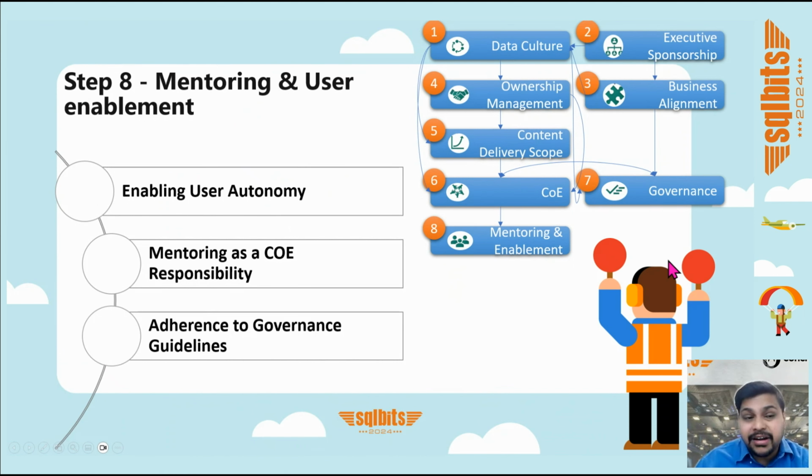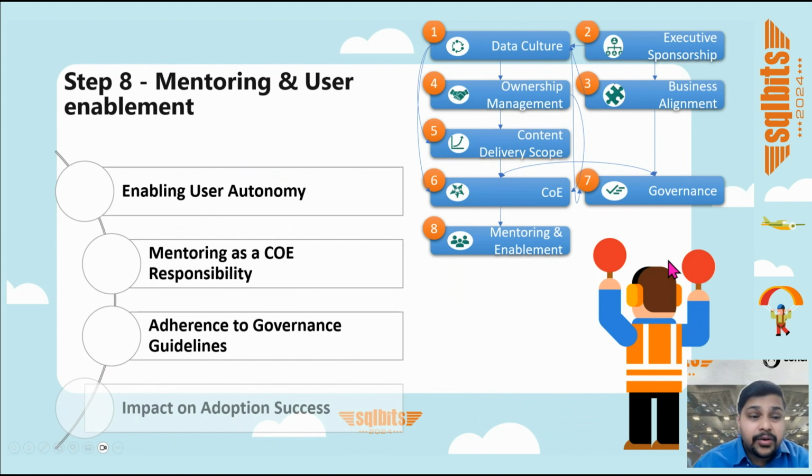The third one is adherence to the governance guidelines. This is where you are producing a document or a centralized repository where you are seeing that, hey, whatever you are doing in terms of new projects or existing projects, you are adhering to all of those governance guidelines and rules. Now, the last one is impact on adoption and success.